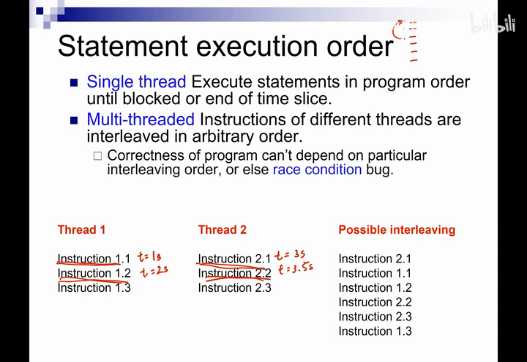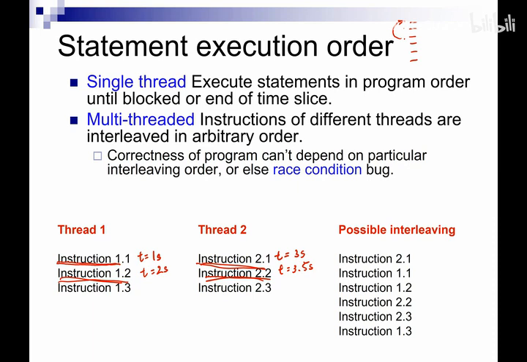And since we, as the programmer or the user, usually have no control over what interleavings are actually going to occur, if the program misbehaves under some interleavings, then that program is incorrect.